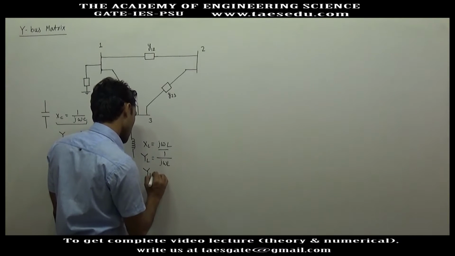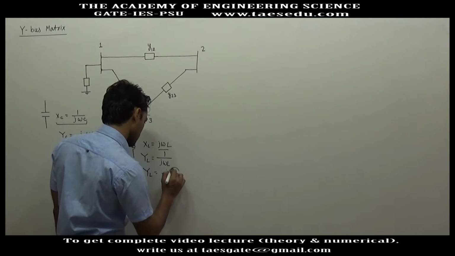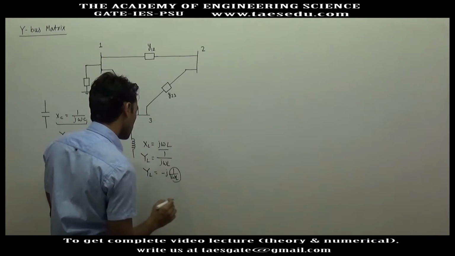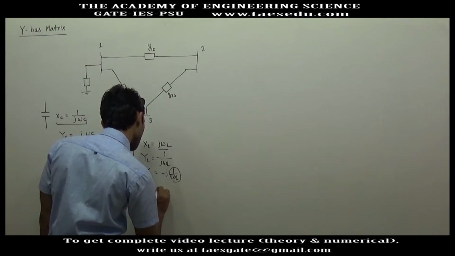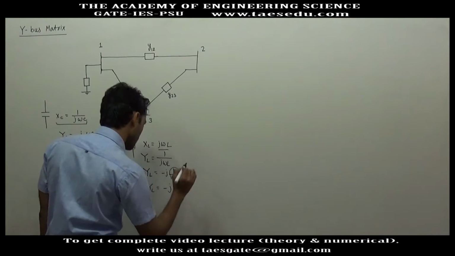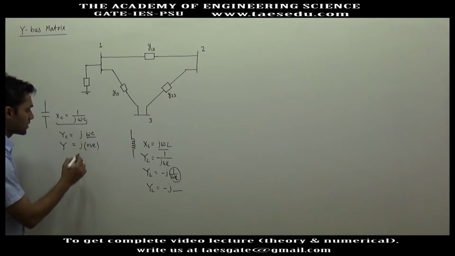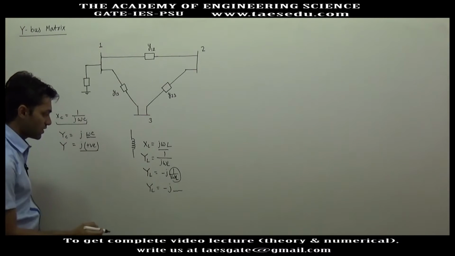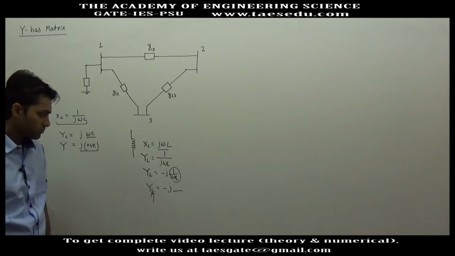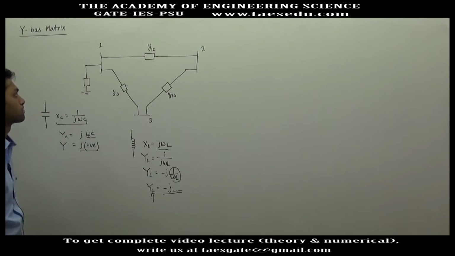So the admittance of an inductor is minus j times 1 upon omega L, a positive magnitude. So in capacitive admittance you will have j positive quantity, and in the admittance of an inductor you will have negative j quantity.